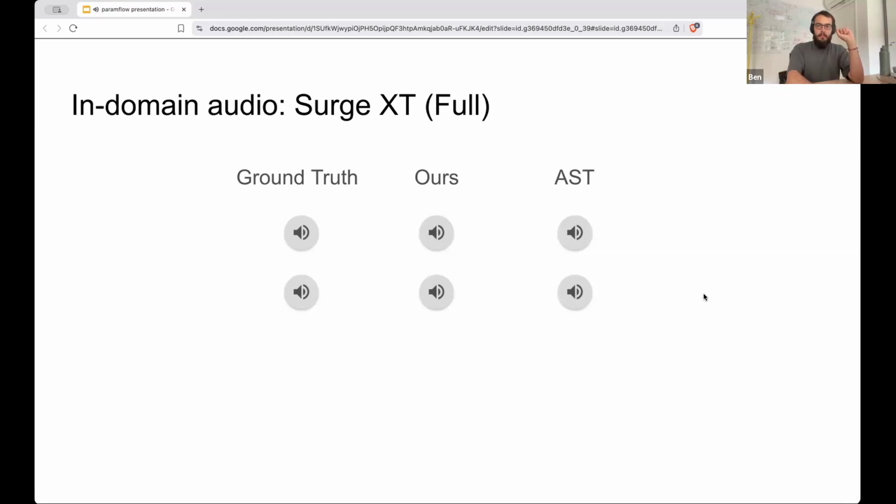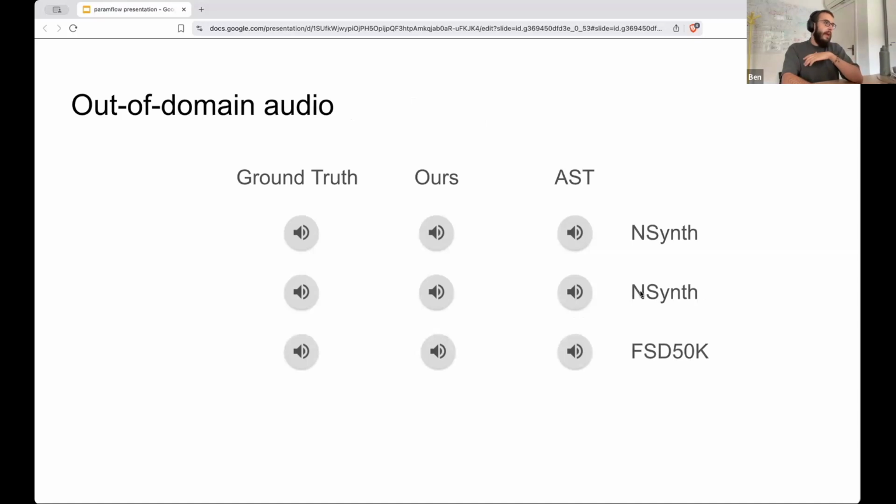So you can hear that it's able to get much, much closer, even on these very fiddly parameters like LFO rates and things like this. And while we didn't do anything to make this adapt to out-of-domain audio, and this wasn't our focus, remember we're focusing on inversion, not matching, we do have some out-of-domain results too. Maybe I'll just play one of these for time.